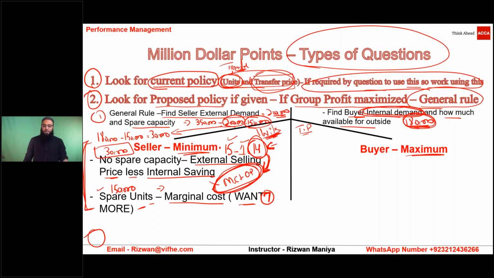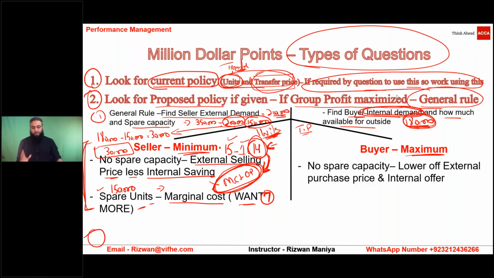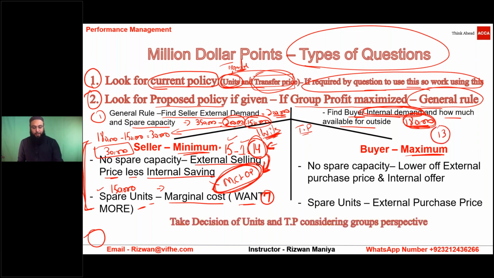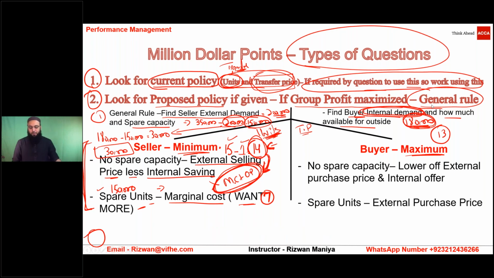Now from the buyer's perspective, the maximum. Listen, very quickly. Buyer can buy this for 13 from outside, right? If I'm the seller and you're the buyer, for these 150,000 units, these are spare units.